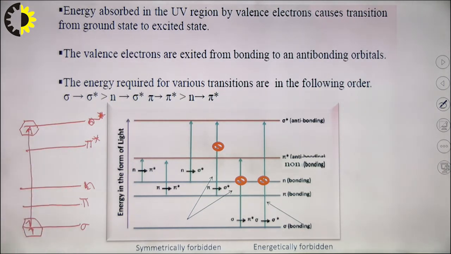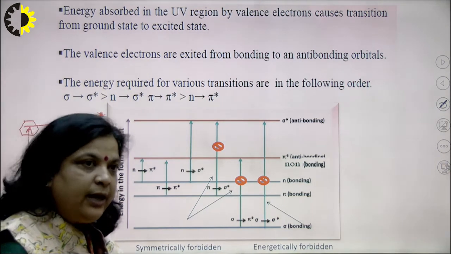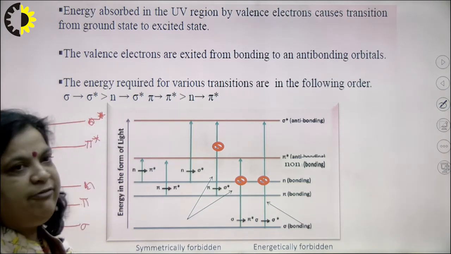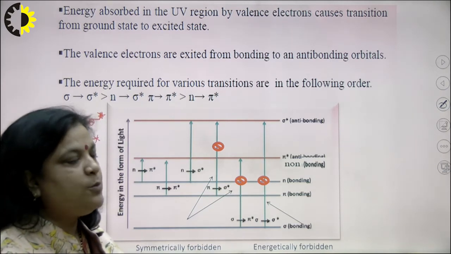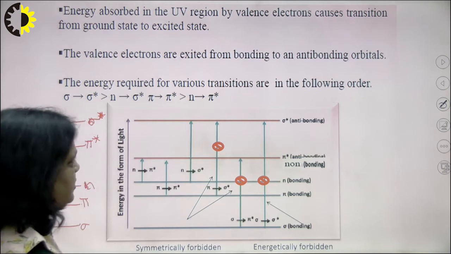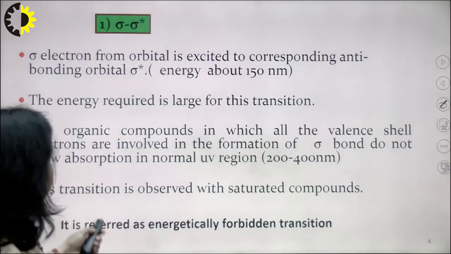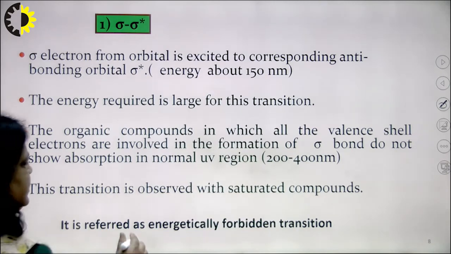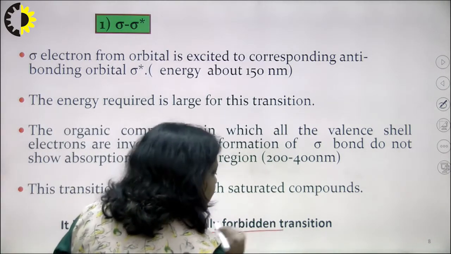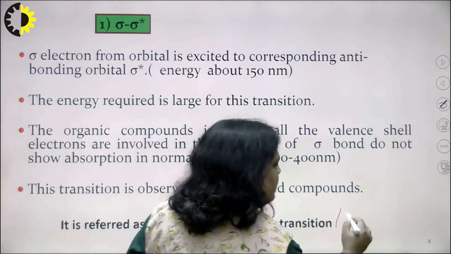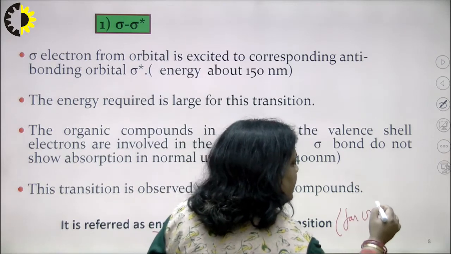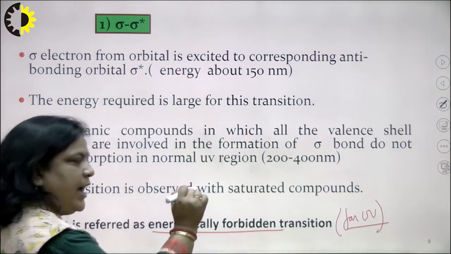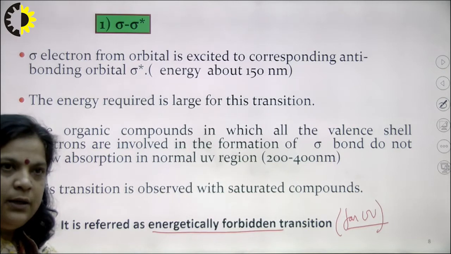Highest energy means lowest wavelength. Lowest wavelength means far UV region, and in far UV region the detection is difficult because of absorption by oxygen and nitrogen. So, the first transition, sigma to sigma star, is difficult to observe because it is in far UV region, and if we want to observe it, we have to use a vacuum instrument.